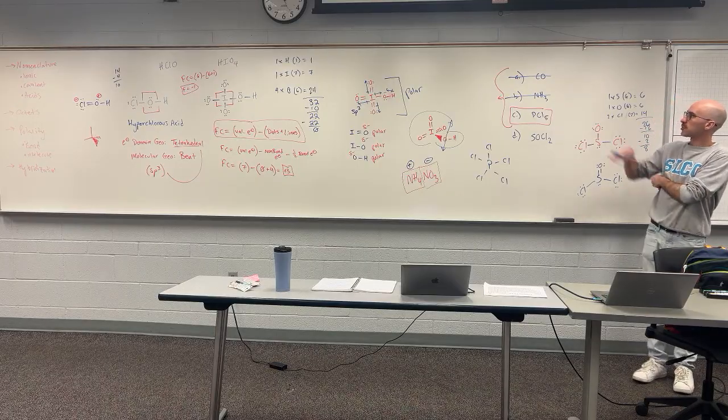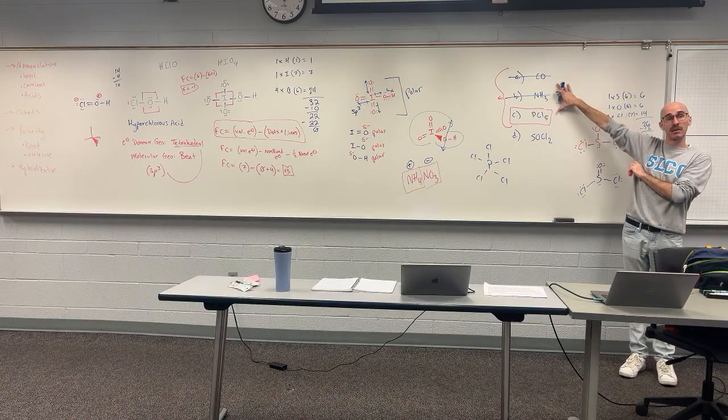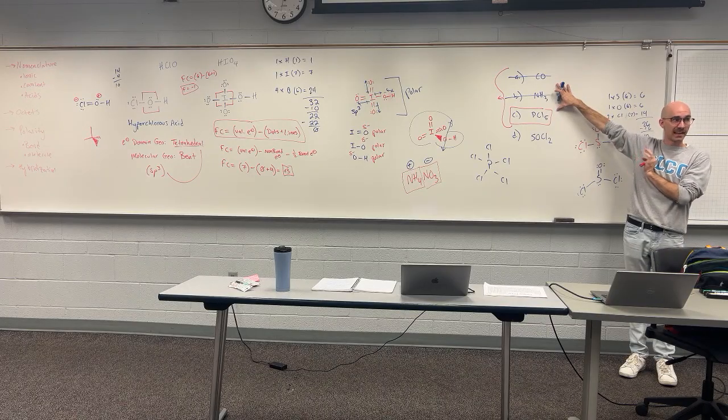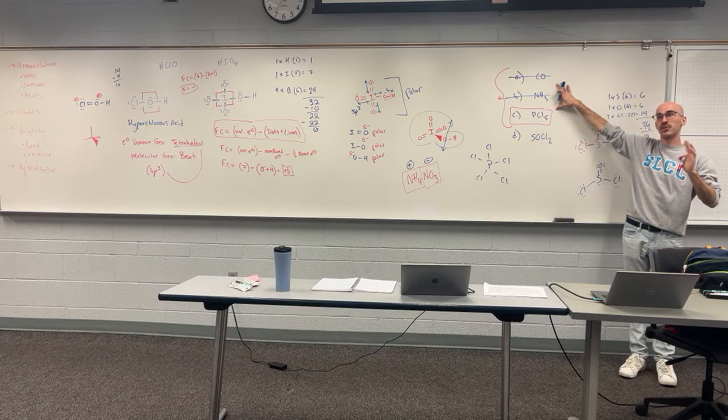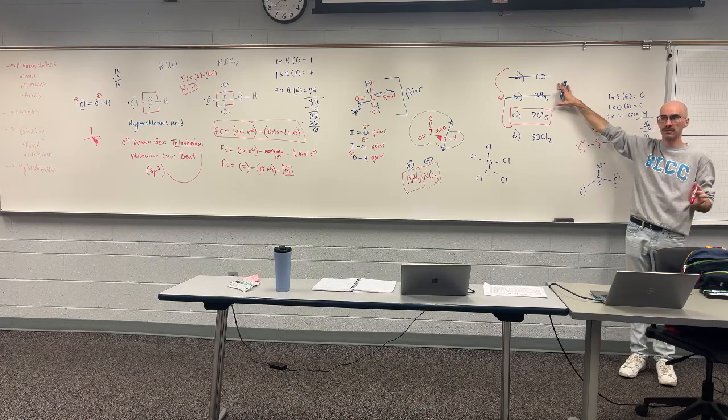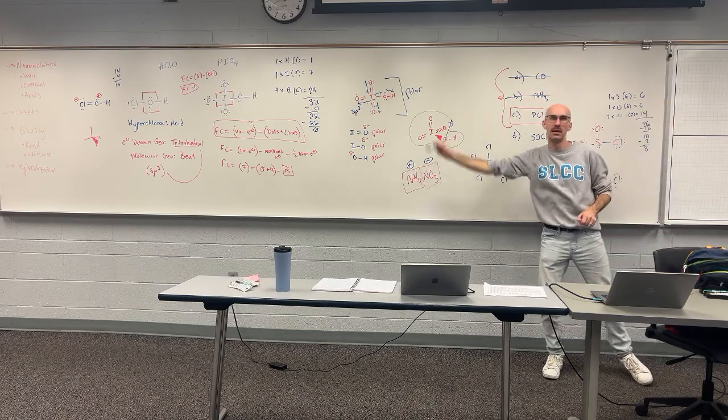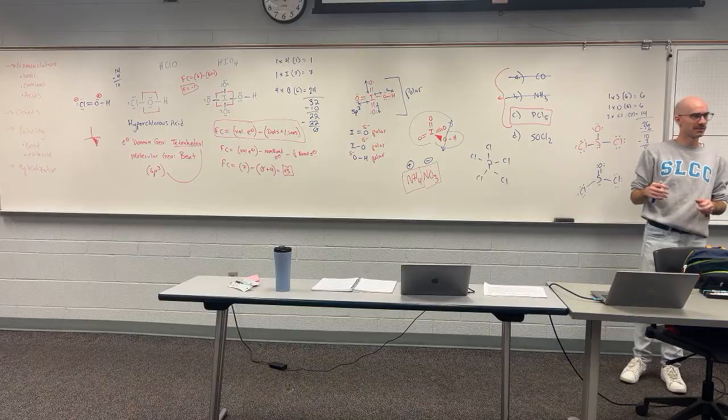Okay, so do we have polyatomic ions? I don't have any NH4 plus. I don't have any NO3 minus. I don't have any SO4 2 minus, SO3 2 minus, ClO minus, ClO2 minus, IO4 2 minus, right?